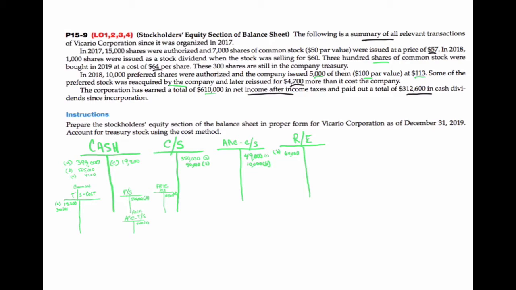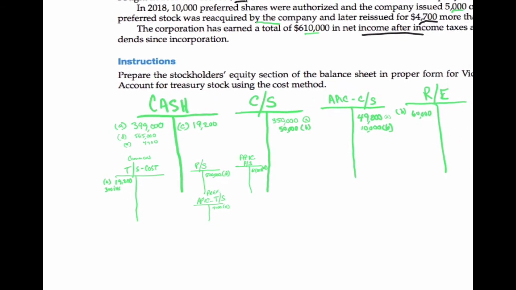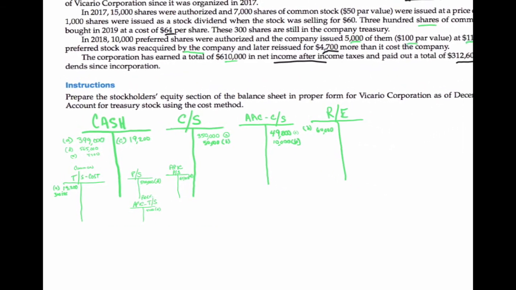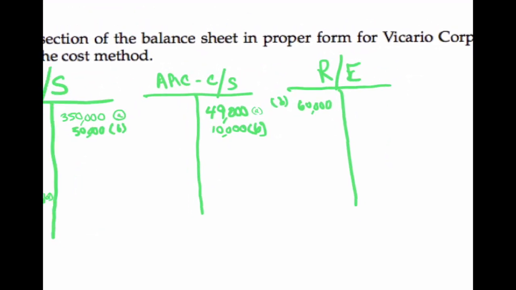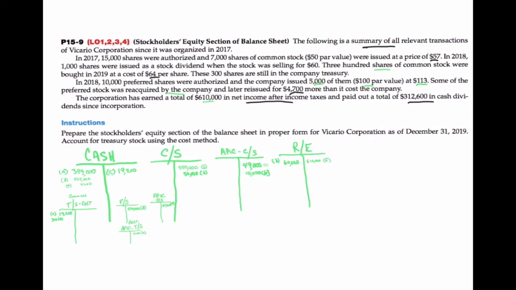So then it says that the company has earned a total of $610,000 in net income. We do have retained earnings. Where did we put the retained earnings? Over here. That is a net credit, $610,000. We'll call that F. And the offsetting debit is going to be to sales and netted with credits to all of the expenses.